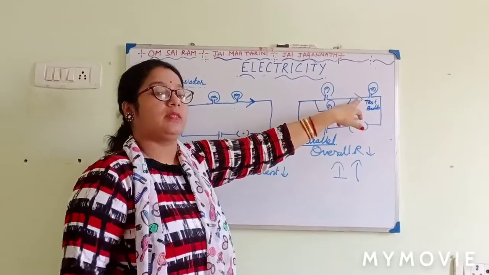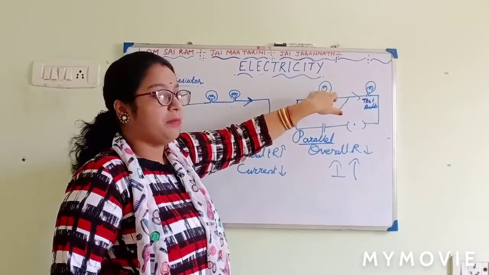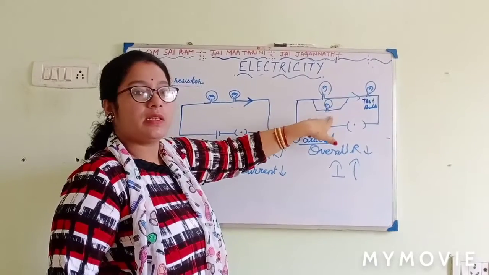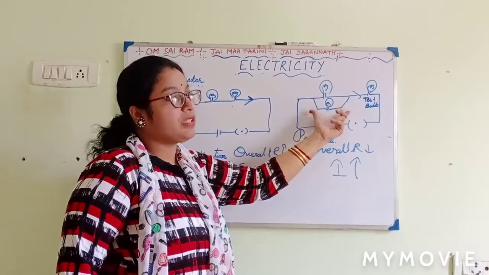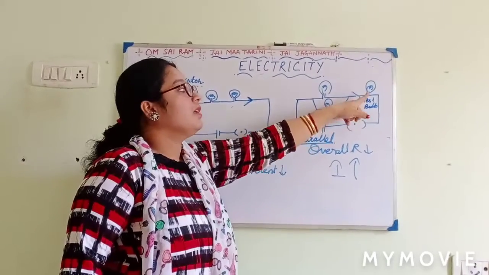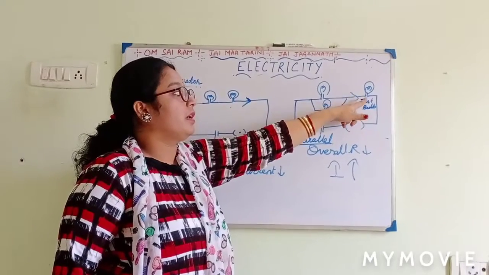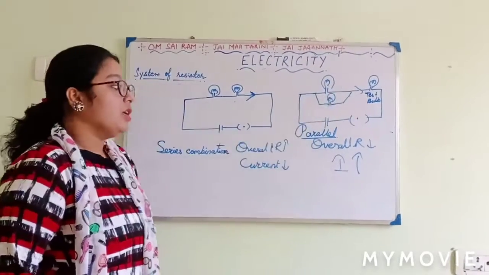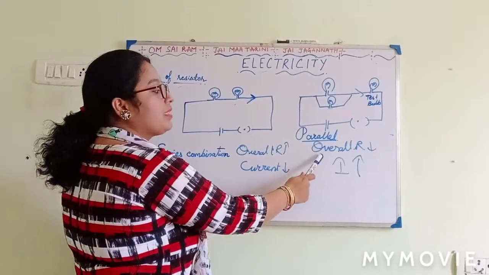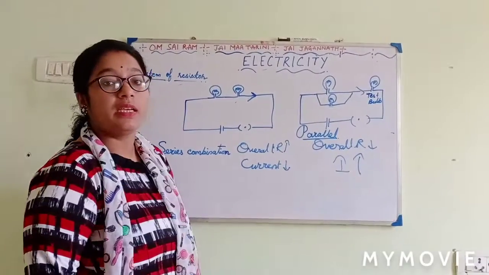This is one resistance, this is another resistance. The combined resistance of these both must be less. That's why the current flowing through the circuit is more, which is making the bulb glow brighter. So in parallel combination, the overall resistance is decreasing, and the overall current is increasing.